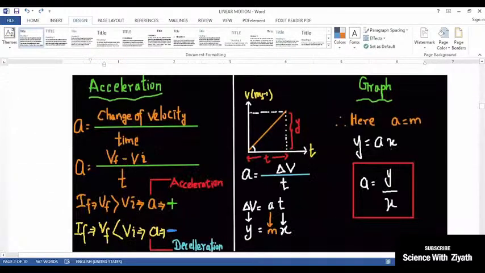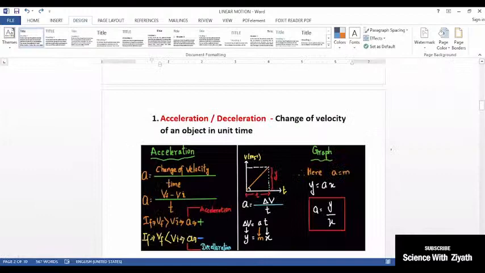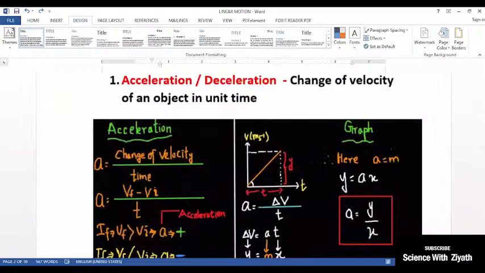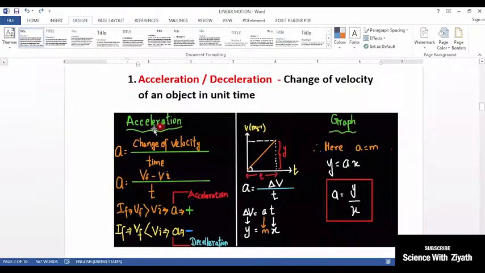Right? And also we looked at acceleration or deceleration last class. Acceleration means the change of velocity over time. The change of velocity means Vf minus Vi over time, which means final velocity minus initial velocity over time.